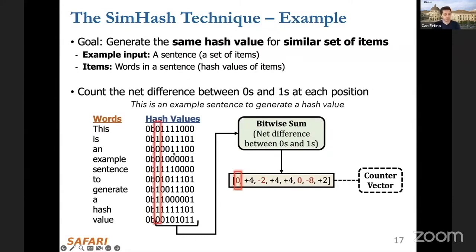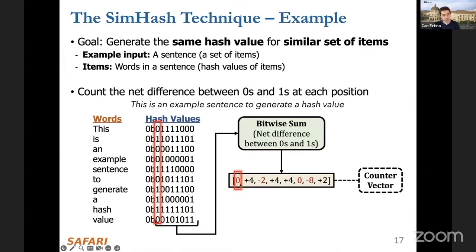At each position, we start with the most significant bit, which is the leftmost position in this hash value and also in this vector that we use as a counter vector to count the net difference between zeros and ones. What we do is count all the zeros and ones here, and then show the net difference between zeros and ones.